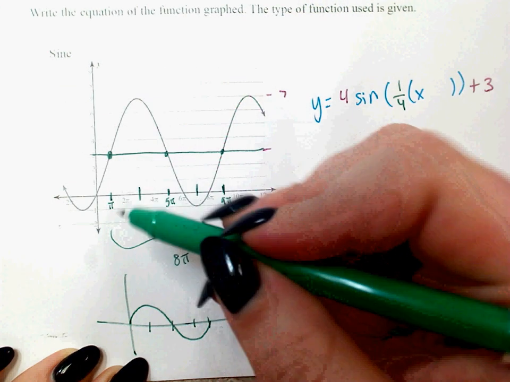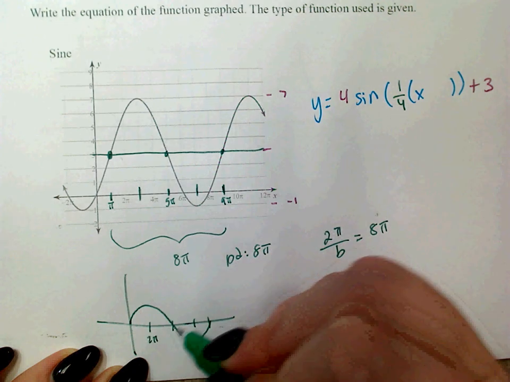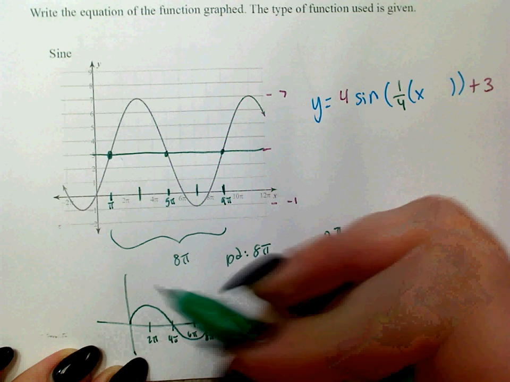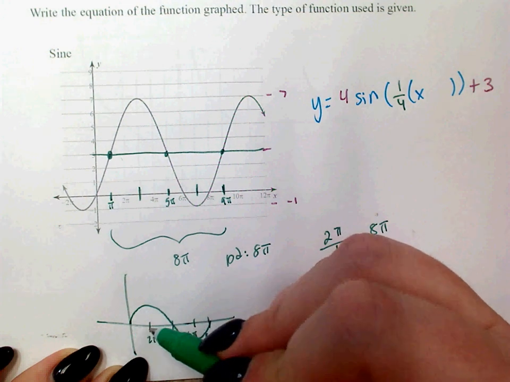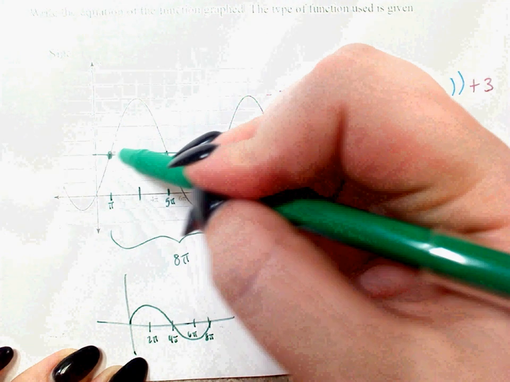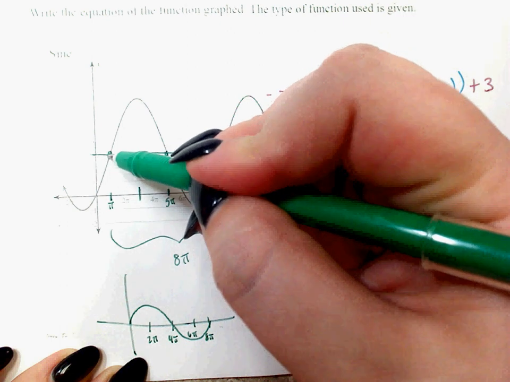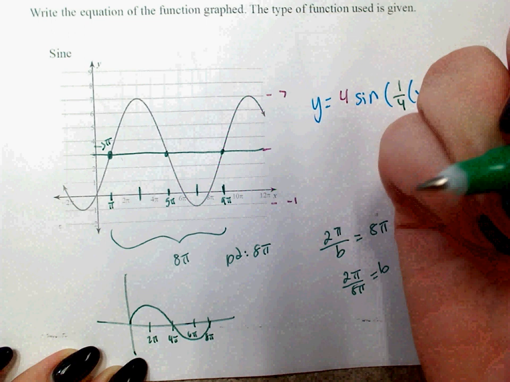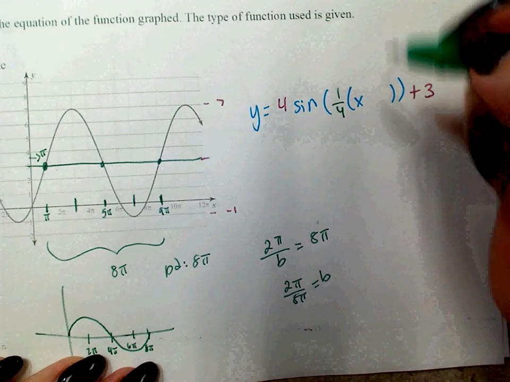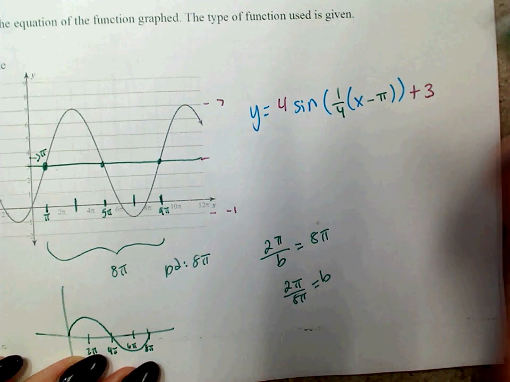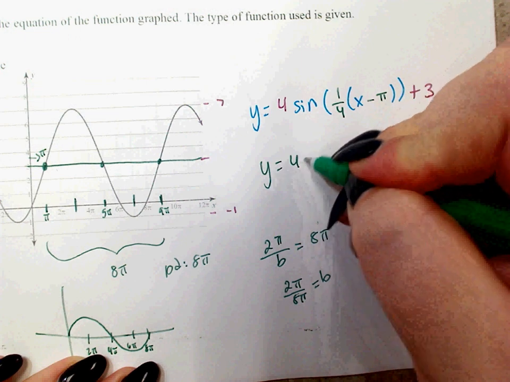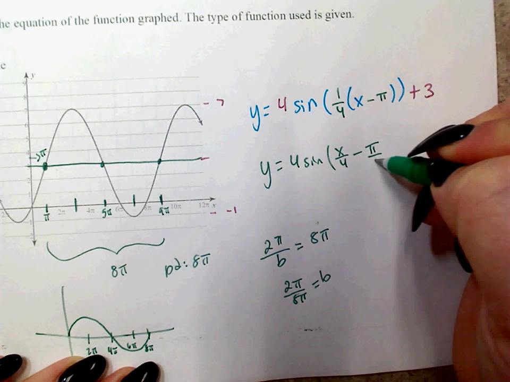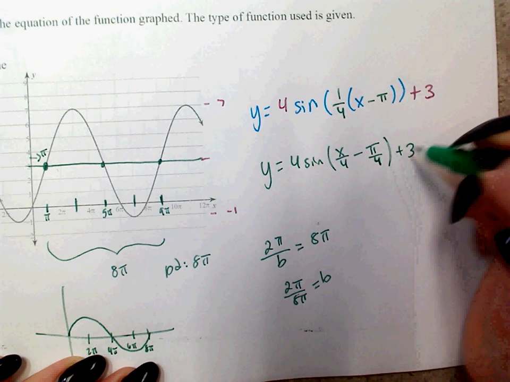This is 4 pi, 6 pi, and 8 pi. If I had moved over a quarter of the period, I would be starting at 2 pi, but instead I'm starting at pi. So I'm just going to say I'm moving to the right pi. So I'm going to say minus pi in the interior, which means my final answer could be 4 sine of x divided by 4 minus pi divided by 4 plus 3, after distributing the 1/4.